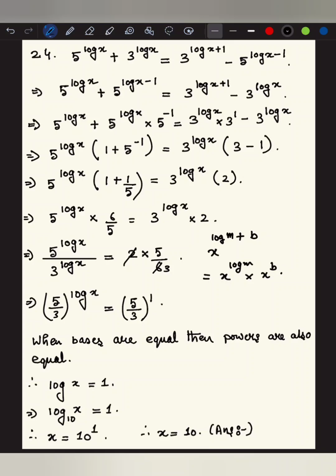That is what I have done. x to the power log m plus b can be written as x to the power log m into x to the power b. So here, 5 to the power log x minus 1, I have written as 5 to the power log x into 5 to the power minus 1. Similarly, 3 to the power log x plus 1, I have written as 3 to the power log x into 3 to the power 1. Got it?